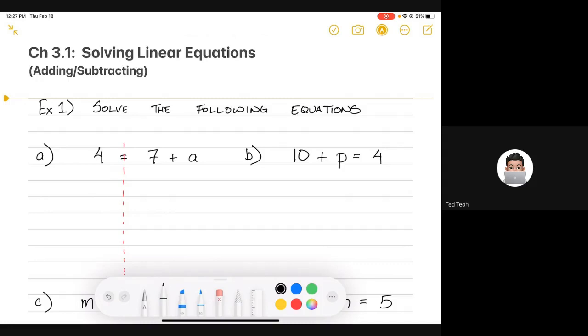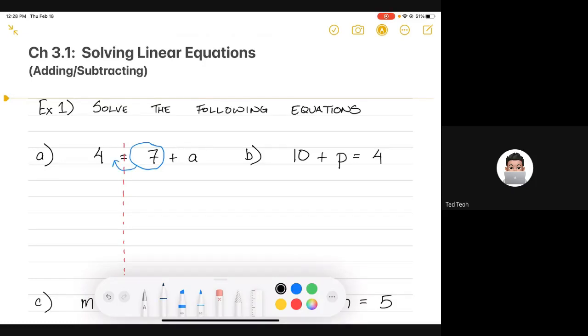For math, when you see a letter, it's called a variable. So I want the variables on one side and numbers on the other side. In this question, I have a 4 on the left side of the dotted line, and on the right side, I have a 7 and an a. So I'm going to take this 7 and bring it to the other side of the equal sign.